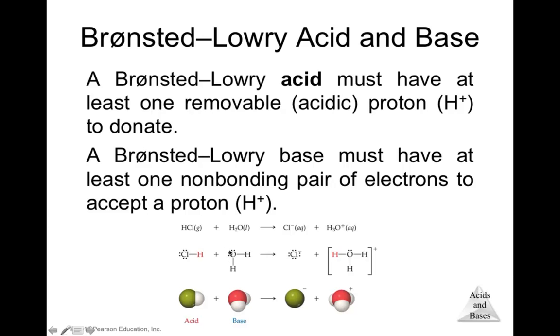So the lone pairs of oxygen could attract this hydrogen, and there you can form the H3O+, and then the HCl, by losing that hydrogen, will produce the chloride. Because this one gives that proton, it is called the acid, and because this species receives the hydrogen, it's called the base. So in this reaction, the water acts as a base.